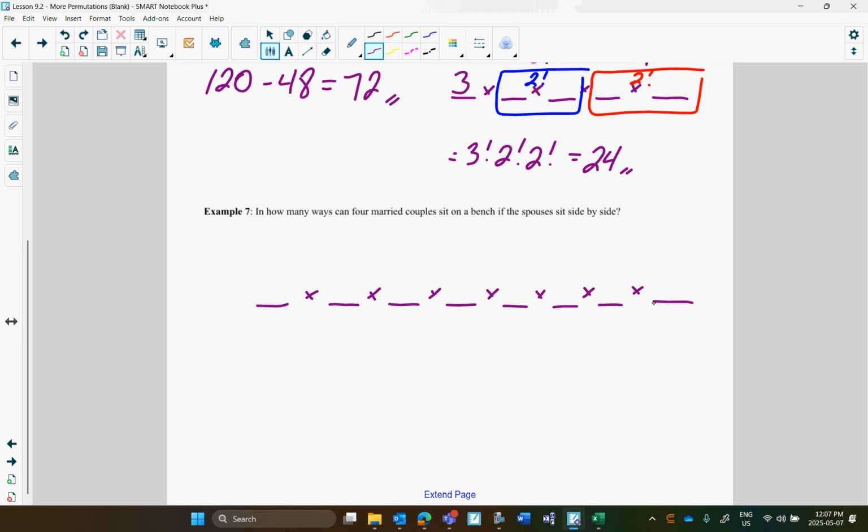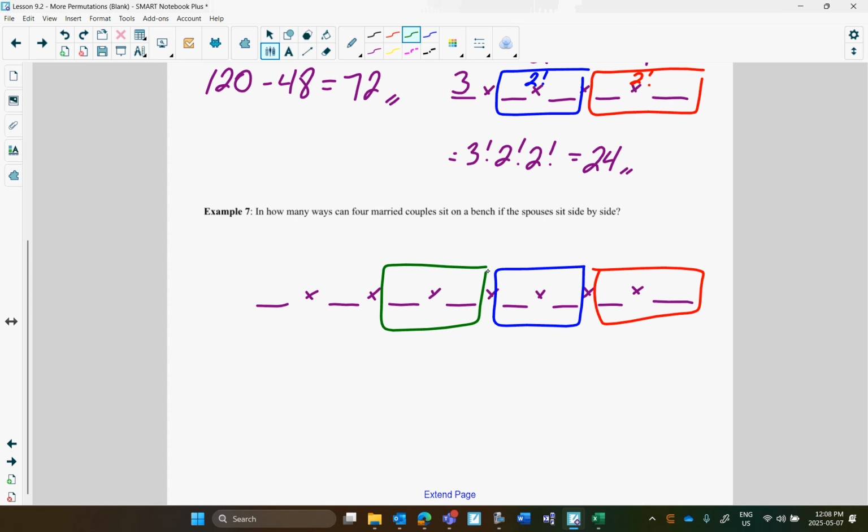I have to pair this off for one of the couples, this off for another couple, this off for another couple, and that off for the 4th couple because they sit beside each other.